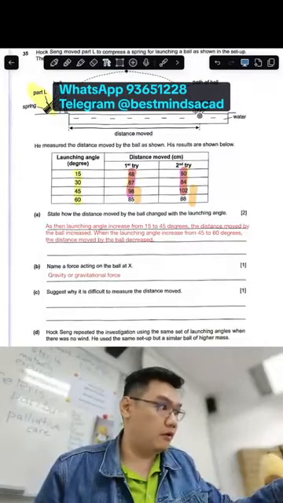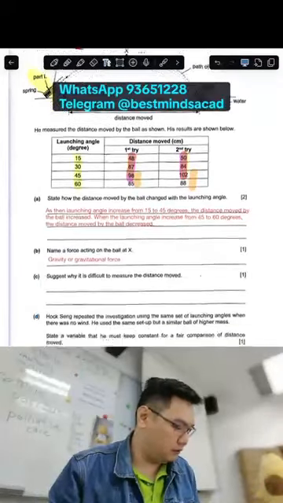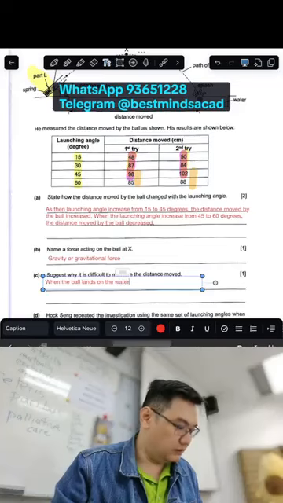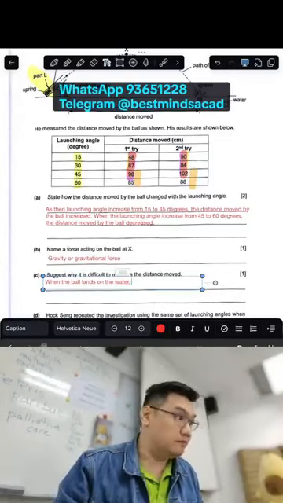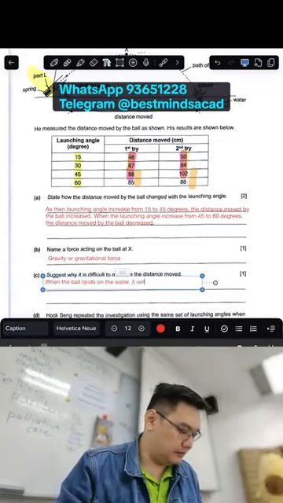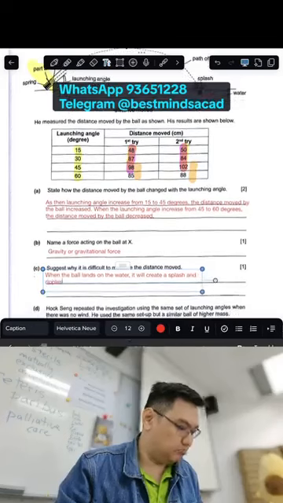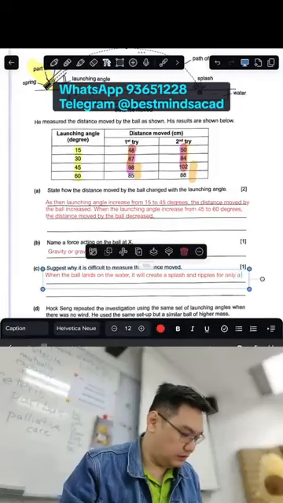Now, so you have to talk about the splash, because there's a splash there, right? Okay, so when the ball lands on the water, it will create a splash and ripples for only a short time.